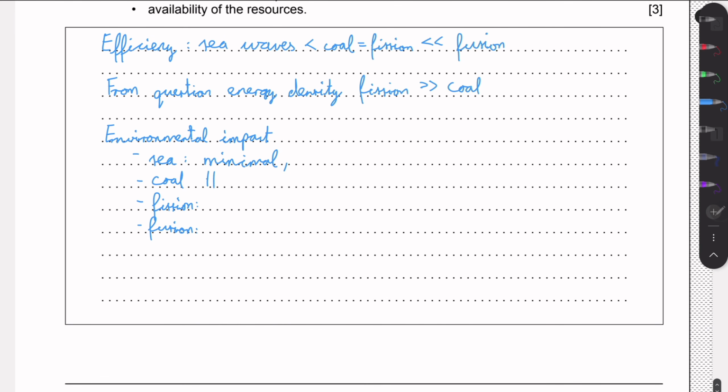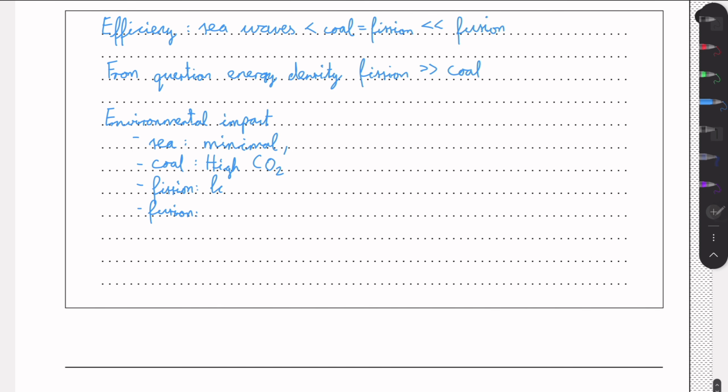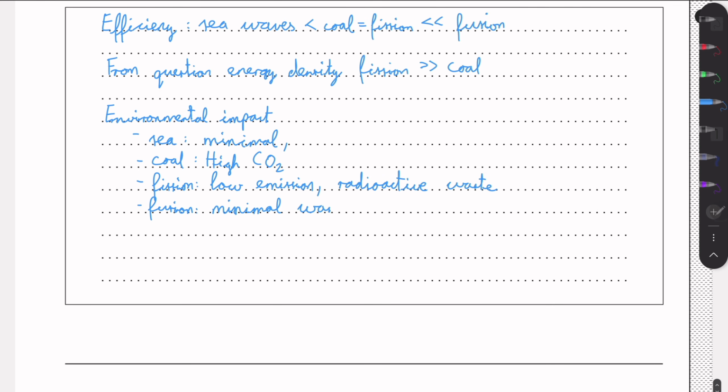Coal has high CO2 emissions and greenhouse gases in general. Fission has low emissions of greenhouse gases, but we produce radioactive waste, so that's not very good. And then fusion again forms very minimal waste, no real radioactive waste or greenhouse gases, so that's very nice.